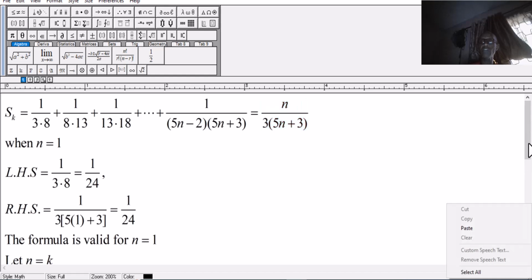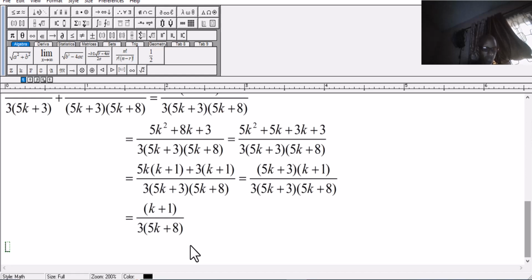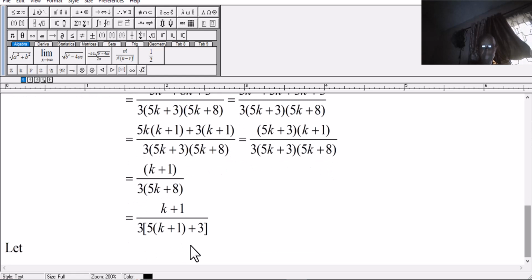So let me show you what I normally do to show whether I'm really on track or not. So k plus 1 over 3, bracket opened, 5. So I will now put k plus 1. So 5 times k will give us 5k, plus 5 times 1, that will give me 5. I still need 3 to make it complete, so I'll add plus 3 to this, then close the bracket. Now let my k plus 1 be equal to n.